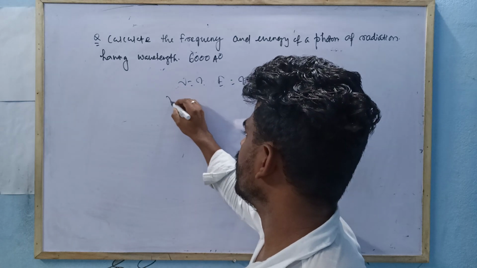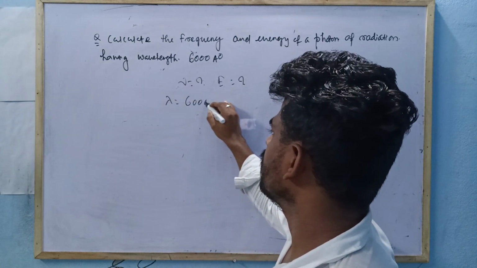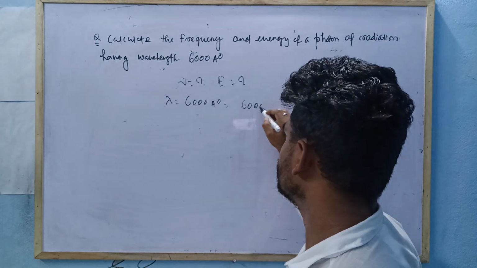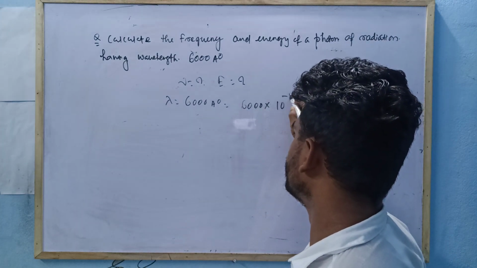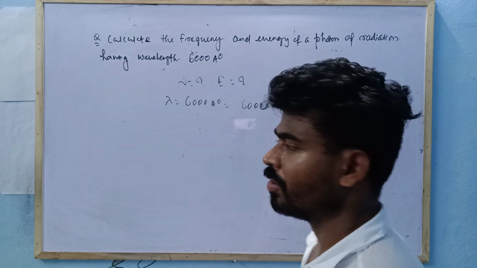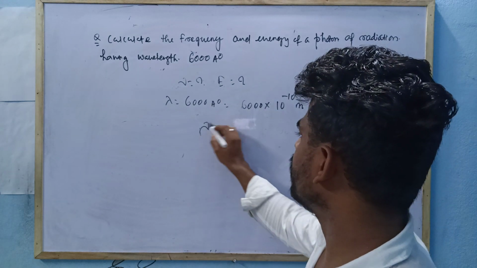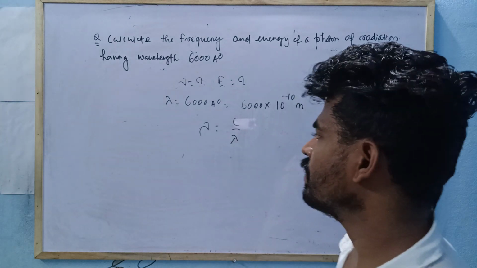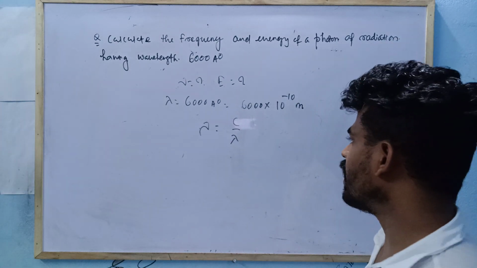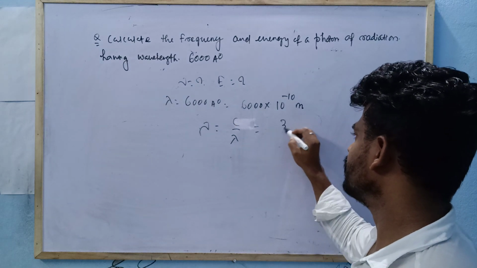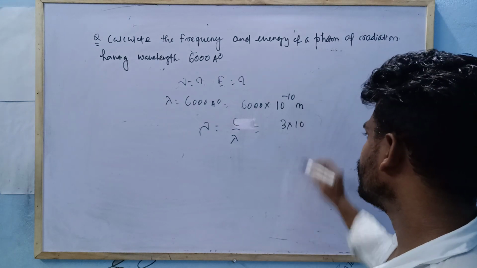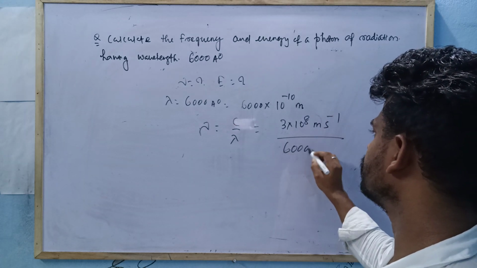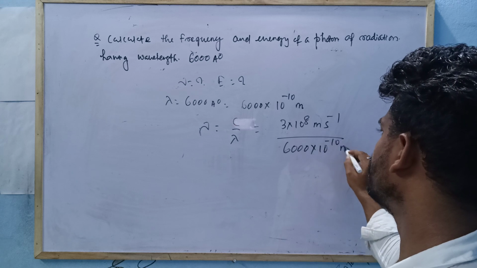Wavelength lambda is given in angstrom, so convert it into meter, that will be 6000 into 10 to the power minus 10 meter. Frequency is equal to c by lambda, a very important formula. Velocity of light is 3 into 10 to the power 8 meter per second, divided by 6000 into 10 to the power minus 10 meter.